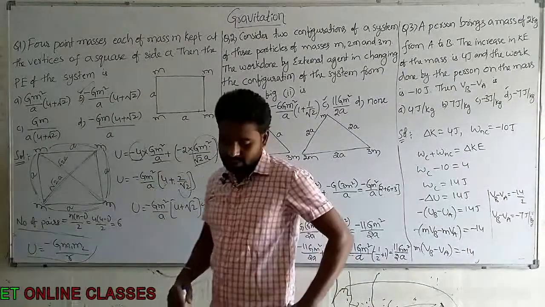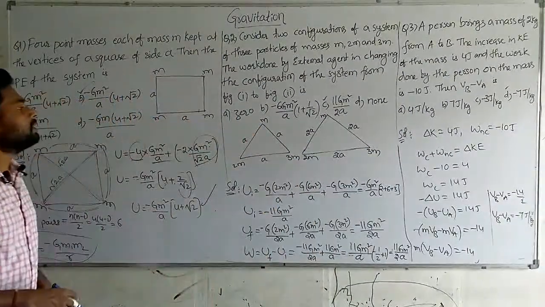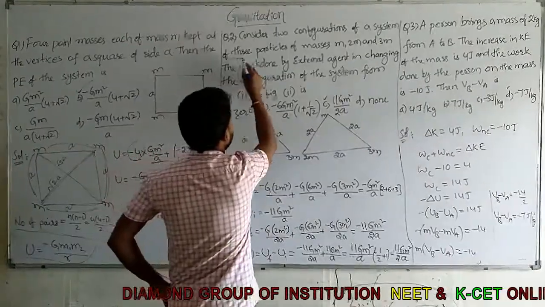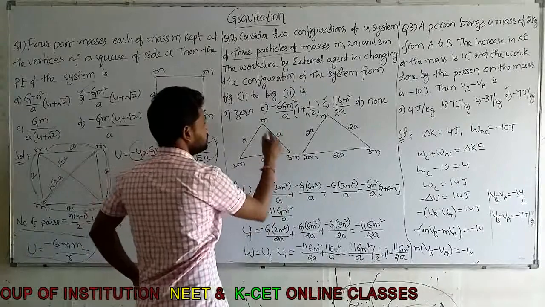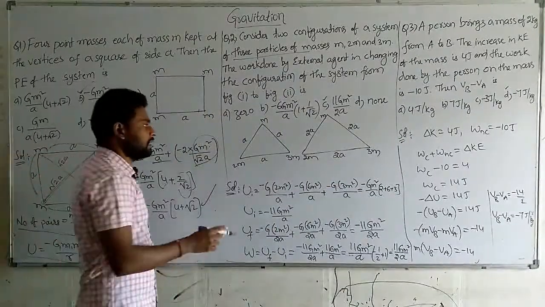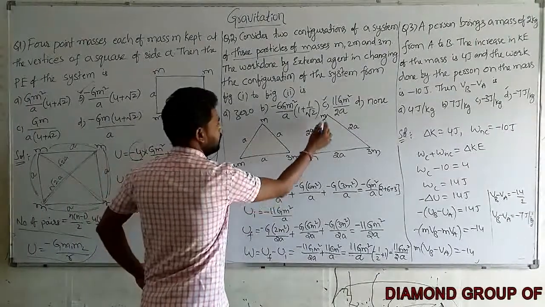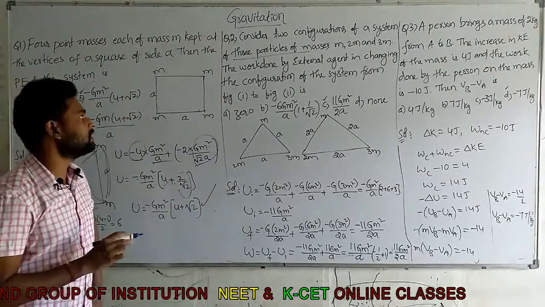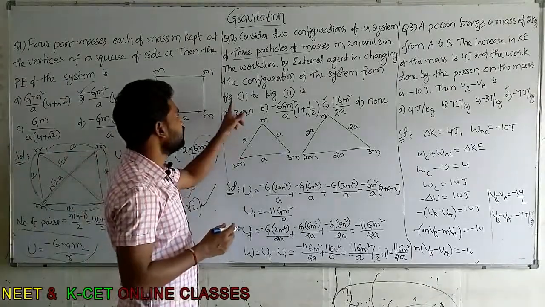Okay. Now come to the next question. Consider two configurations of a system of 3 particles. How many particles are here? 3 particles. This system, they only gave these diagrams. Masses m, 2m and 3m, they are arranged like this. The work done by external agent in changing the configuration of the system from figure 1 to figure 2.